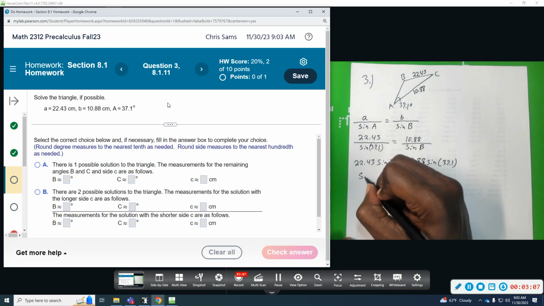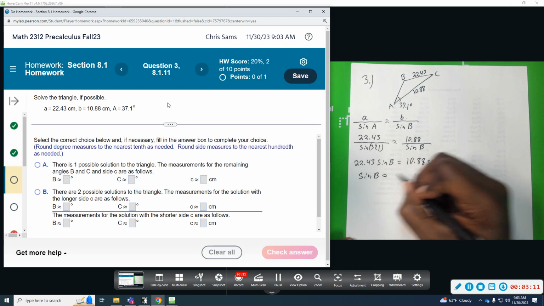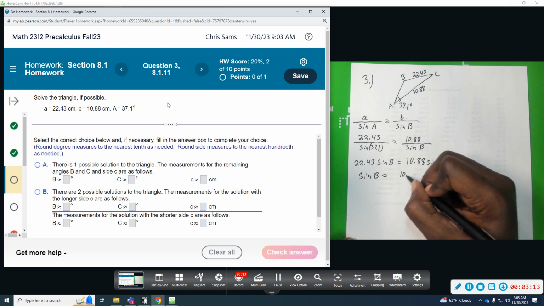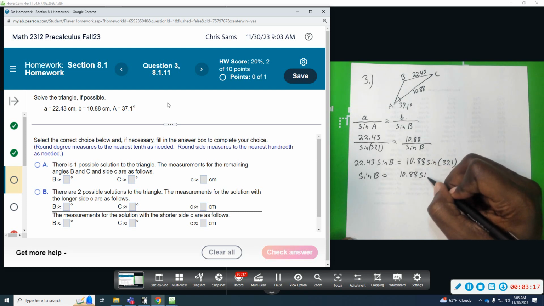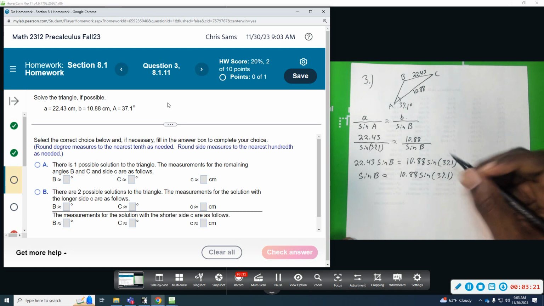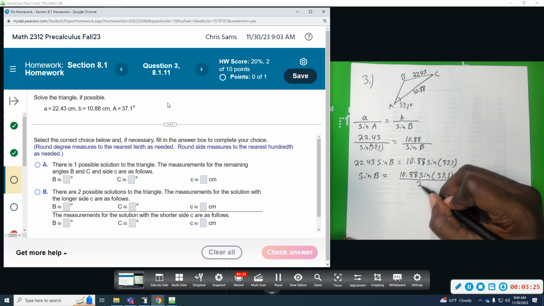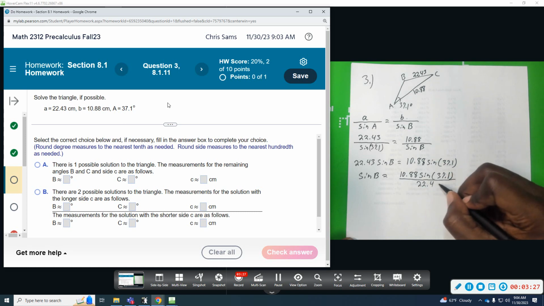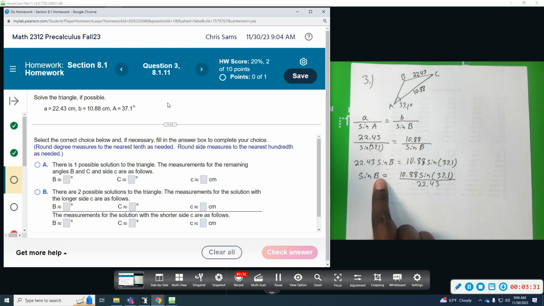That will leave us with sine of B is equal to 10.88 sine 37.1 divided by 22.43. And then we're going to do the inverse sine to figure out what angle B is.